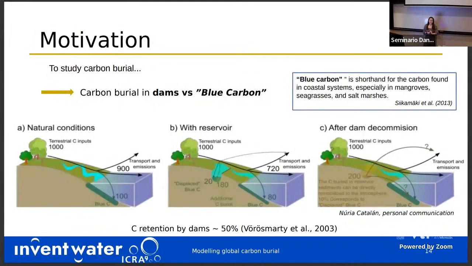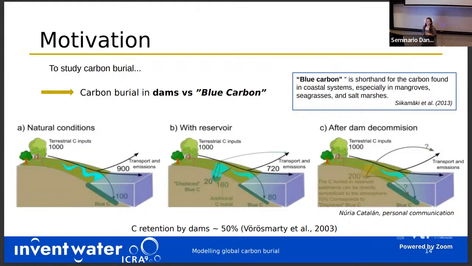So our focus in particular is to study the role of reservoirs in the carbon buried in the coastal ecosystems. This is normally called blue carbon, the carbon that is contained in coastal ecosystems such as mangroves, seagrasses, and salt marshes.